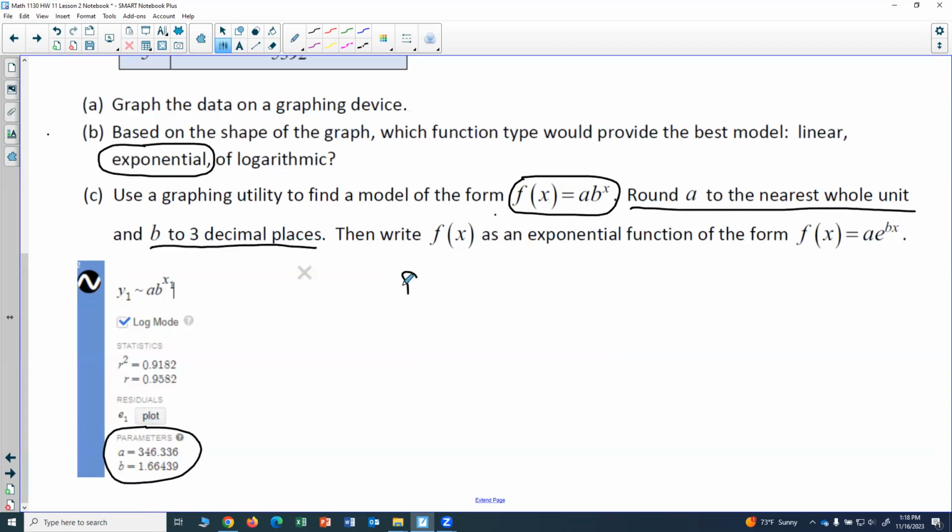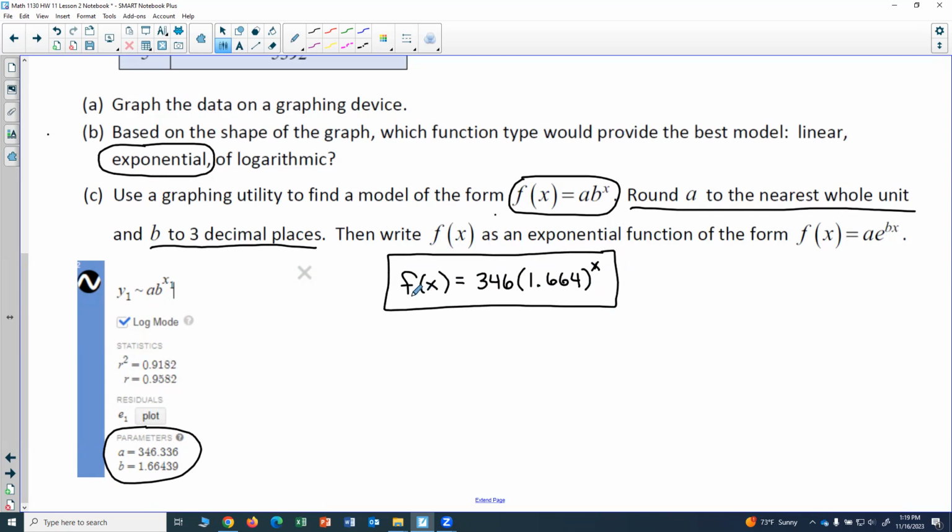So I'll have f of x equals 346 times 1.664 to the x power. All right, so that's my first answer. That's my a times b to the x.